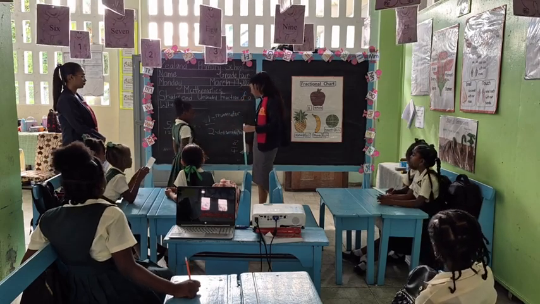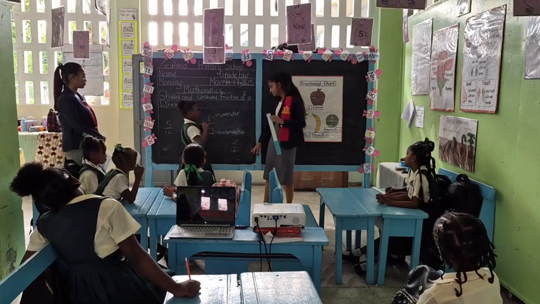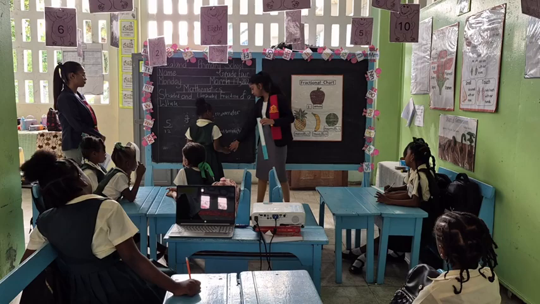Good, so 12 parts, right? So where do we put 12? Where do we put 12? At the bottom? Good, so write 12 here at the bottom.